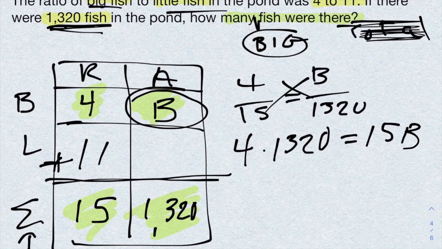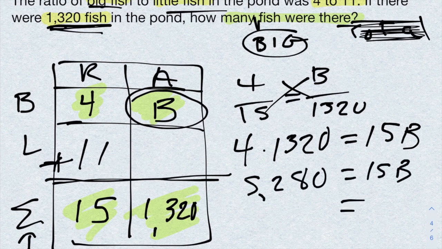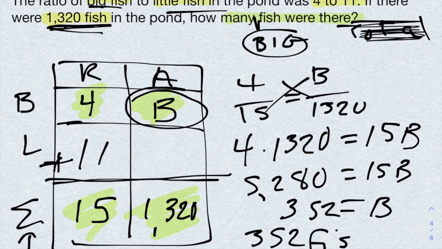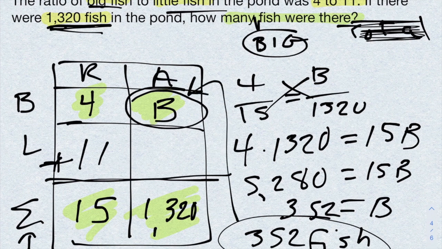And from that I get 4 times 1,320, 5,280 equals 15b. I divide that by 15. 352 gives me B, so 352 fish. So that would be what's right here.